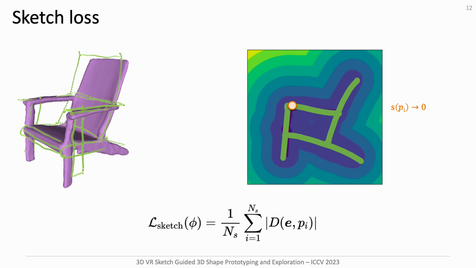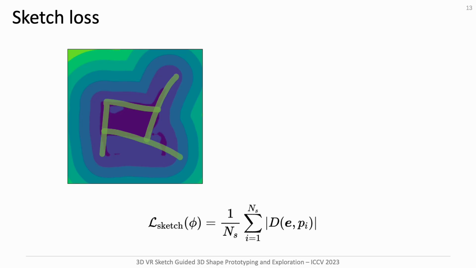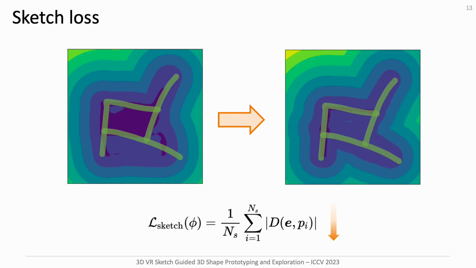Therefore, the predicted SDF value of those points on sketch strokes should be close to 0. Minimizing the sketch loss motivates the network to generate results that are closer to the provided sketch.